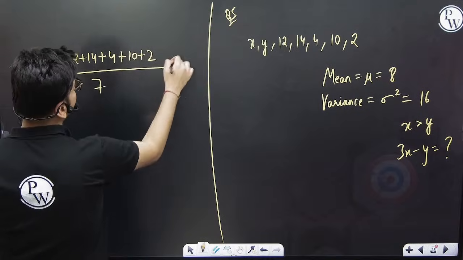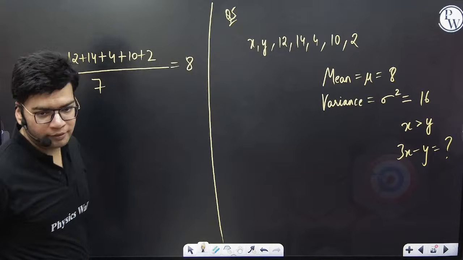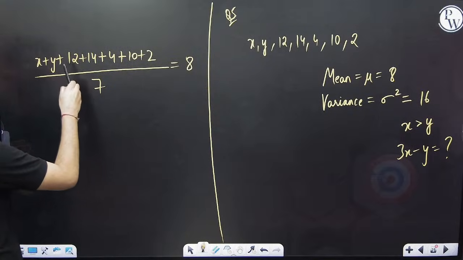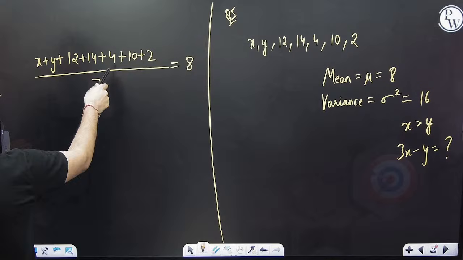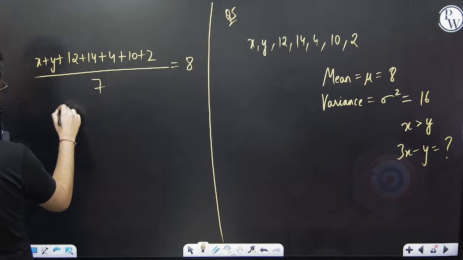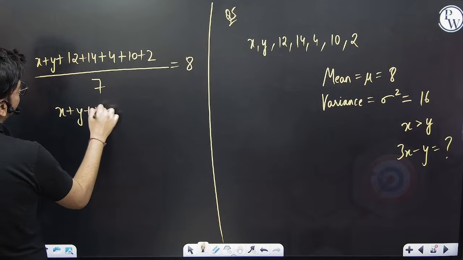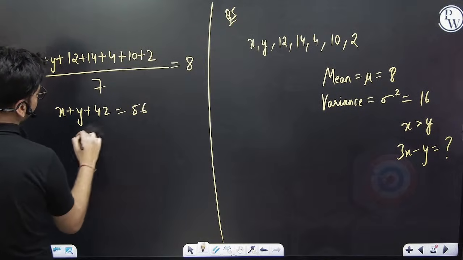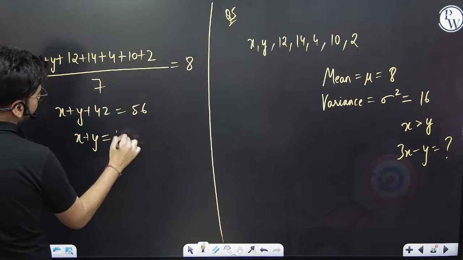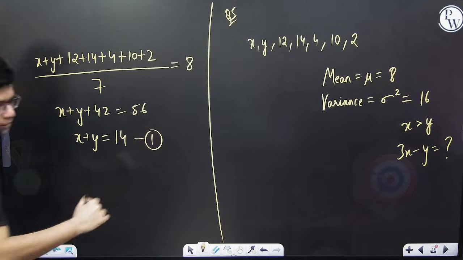That should give me the mean. So from here, 12, 14 is 26, 4 is 30, 10 is 40, 2 is 42. x plus y plus 42 is equal to 56. From here, x plus y is equal to 14. This is my first equation.